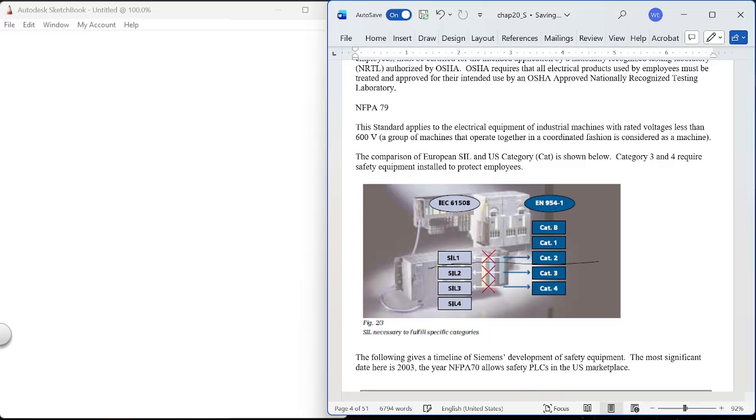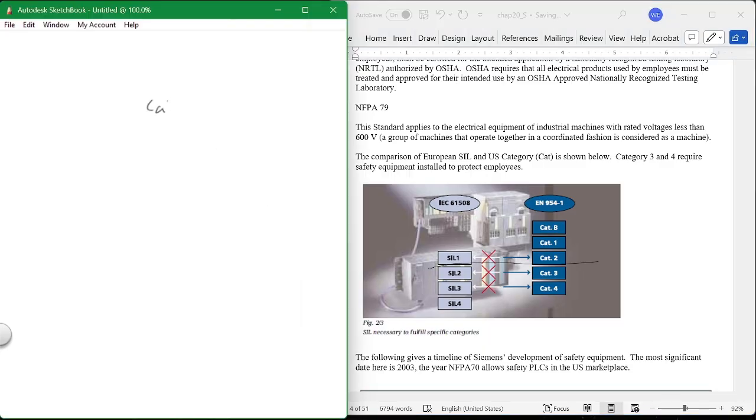So right there, category 2 is equal to SIL 1, and you don't have to put in a safety PLC. This is a regular PLC. But at this point, category 3 is equal to SIL 2. That means you have to have a safety PLC.